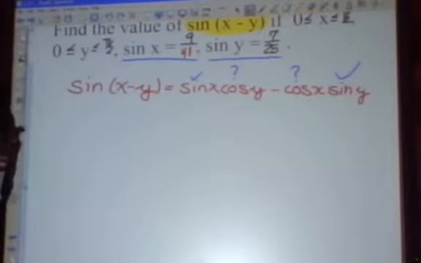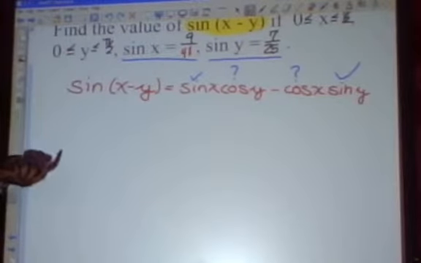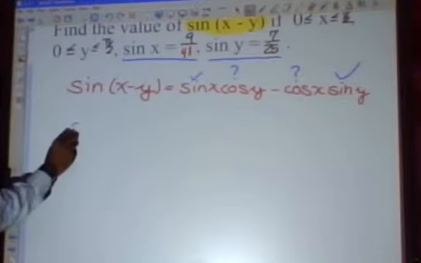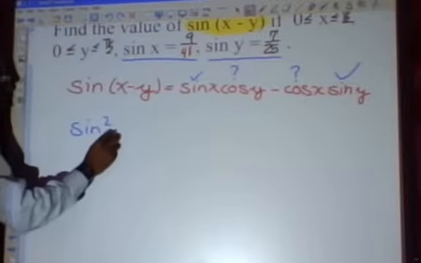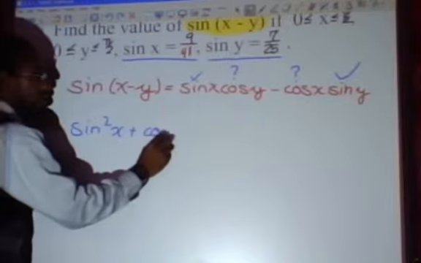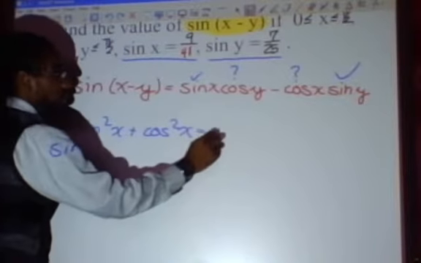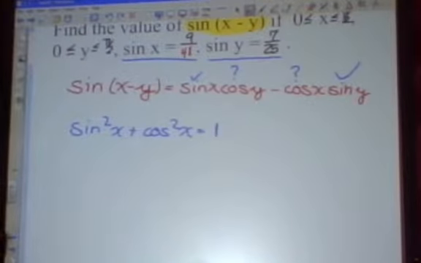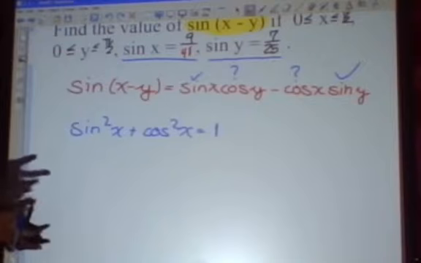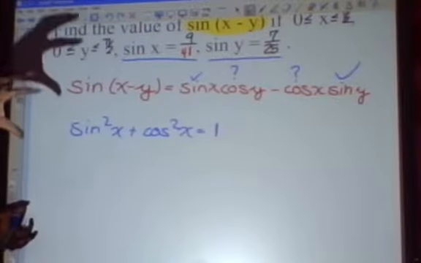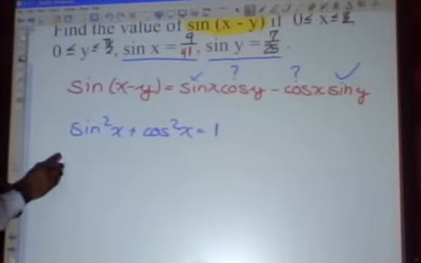If you're thinking through your head, what is it, what is it, you're like, oh yeah, sine squared x plus cosine squared x equals 1. I've said before, we can manipulate these trig identities to get what we need. So we're going to manipulate this to get cosine by itself, like a regular equation.